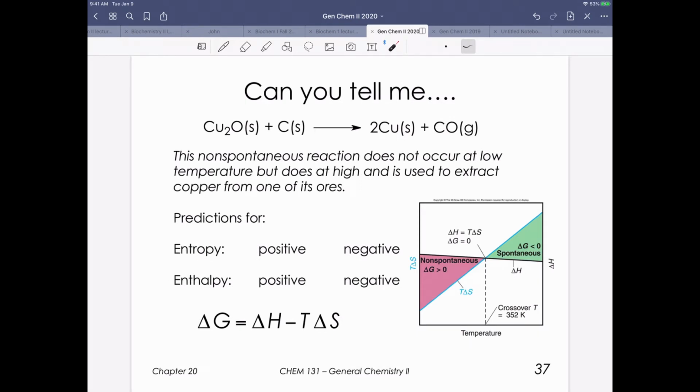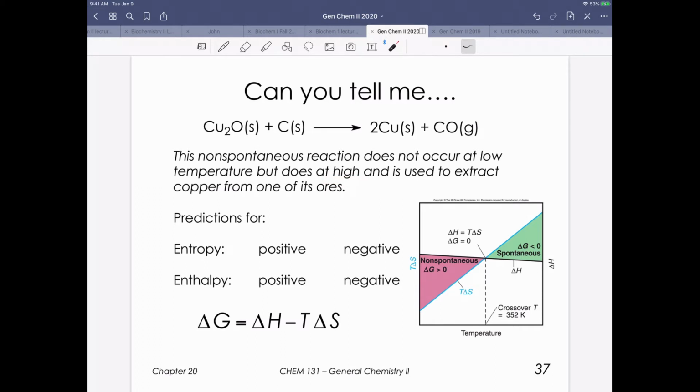So let's look at a chemical reaction here that we've looked at, and actually a couple of different problems here. We've got copper oxide reacting with graphite to make elemental copper and carbon monoxide. This is a non-spontaneous reaction at low temperature, but as we increase the temperature, we can actually make this process spontaneous.